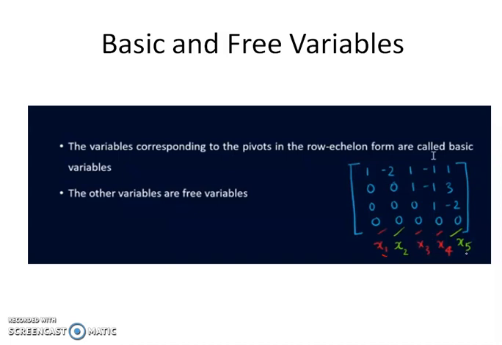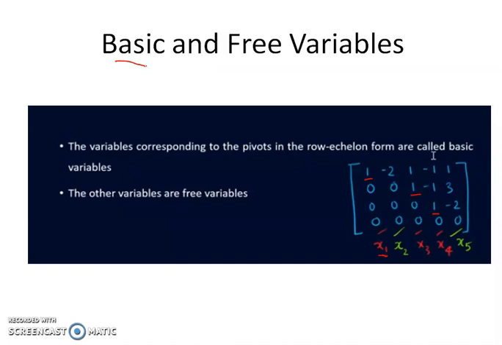So we can identify the basic variables with the help of the pivot values. Here this is one pivot, this is a pivot, and this is also a pivot. The variables or columns in which a pivot occurs are treated as basic variables.